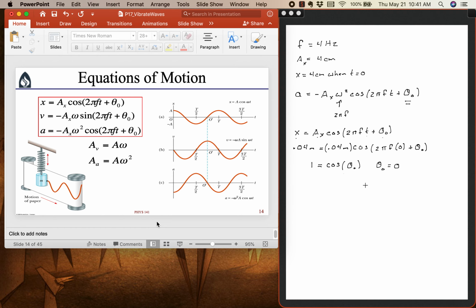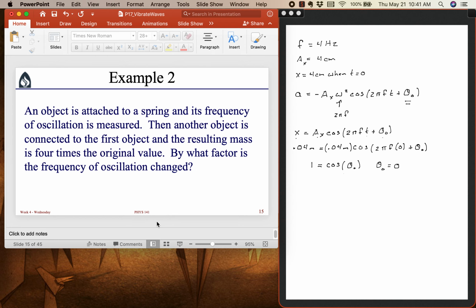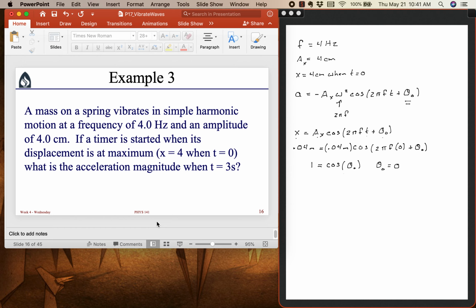So now we have all the information we need to solve for the acceleration and find the magnitude of the acceleration when t is equal to 3 seconds. So then we can just plug in numbers to our acceleration formula. So we have a is equal to minus the position amplitude, which is 0.04 meters.